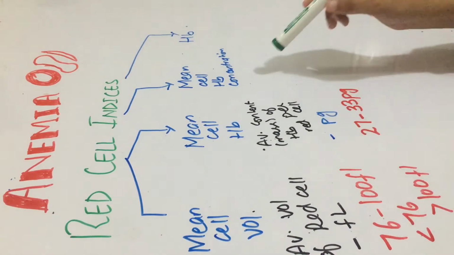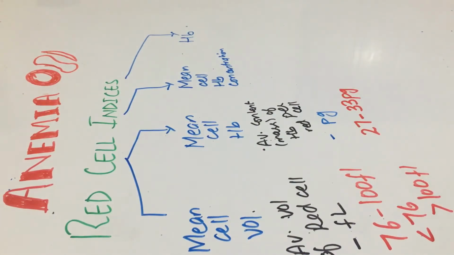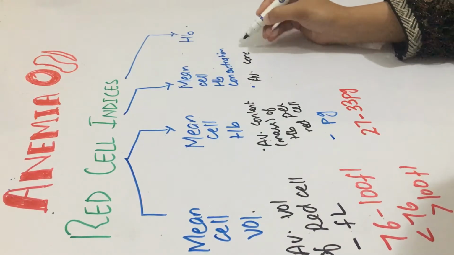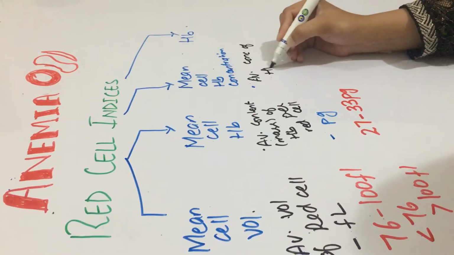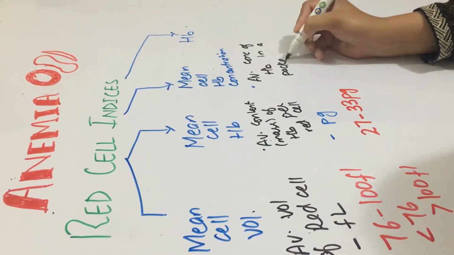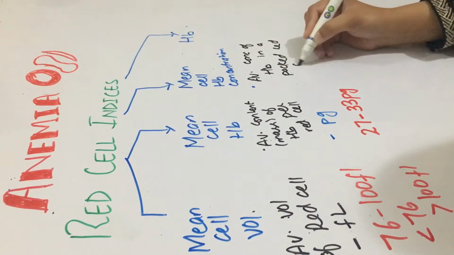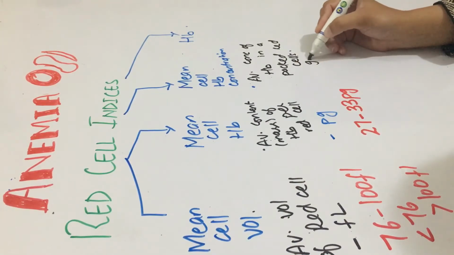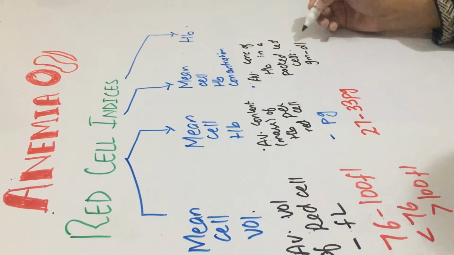Now, what is the mean cell hemoglobin concentration? It is the average concentration of hemoglobin in packed red cells, and it is usually given in gram per deciliter.